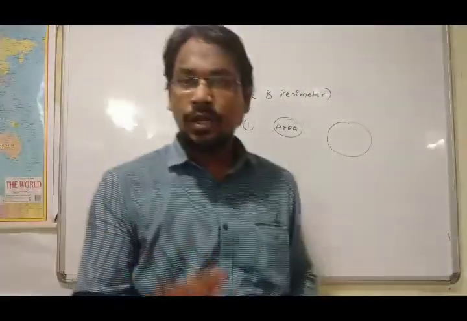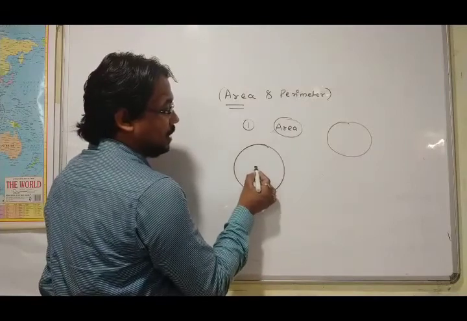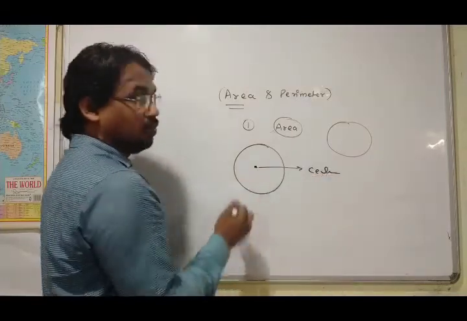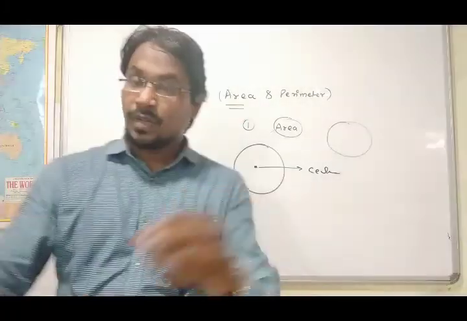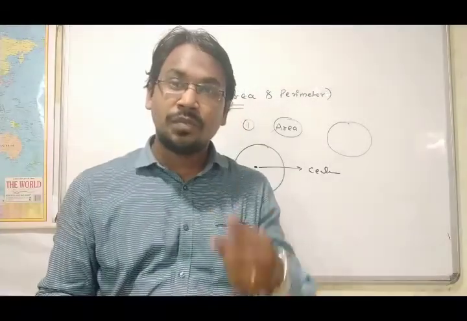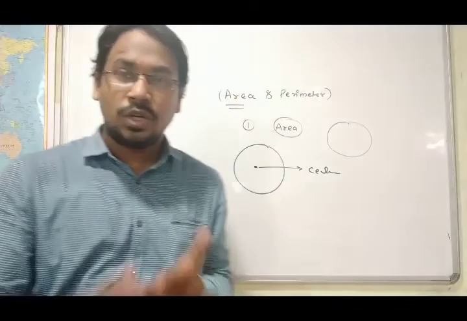Here is a new word, circle, and it contains a center. This is called the center. To find the length of wire rotated along it, or the area of the circle, what have they done?